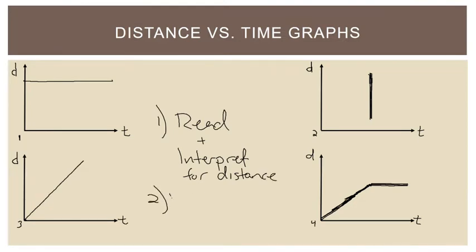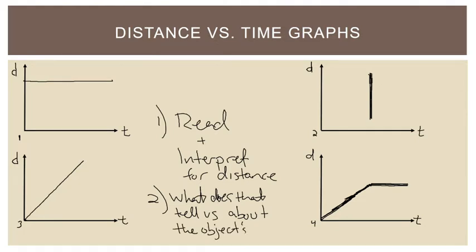And then second, what does that tell us about the object, and specifically about the object's motion? So take a second to look those over, pause the video here, answer those 2 questions, write them out in a list, 1, 2, 3, 4, and when you hit play, we'll go over it.